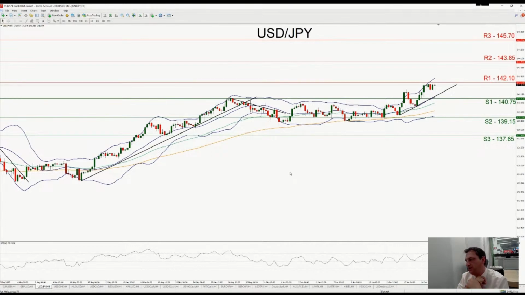So I would be expecting the price action to rise above the 142.10. On the other hand, though, it seems that the price action is quite shy to actually take a shot at the R1 and seems to be stabilizing. It's as if it has hit the ceiling.